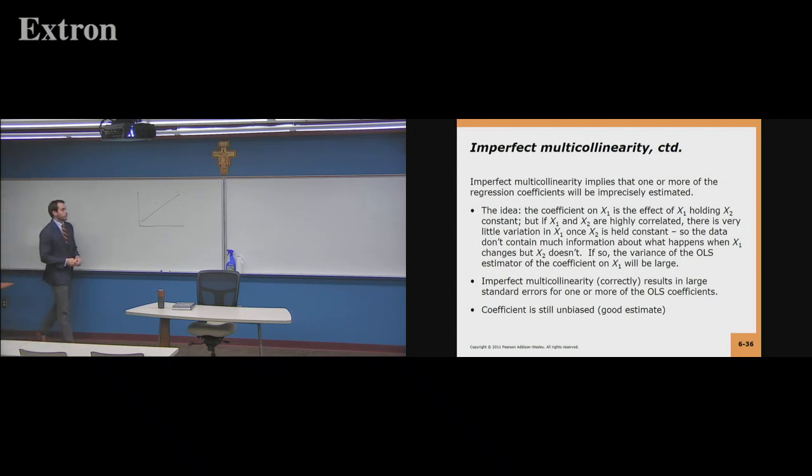So the question is what to do when you think you're suffering from imperfect multicollinearity. One option is to do nothing. If you have statistical significance with most of your variables, then they say it's not a serious problem, and you can keep all the variables in.